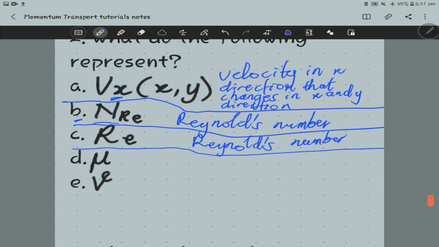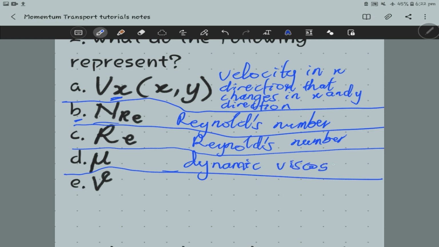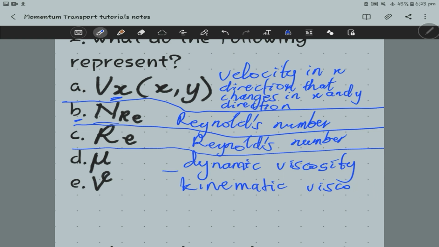Right? And what of this? It is dynamic viscosity. And this is kinematic viscosity.